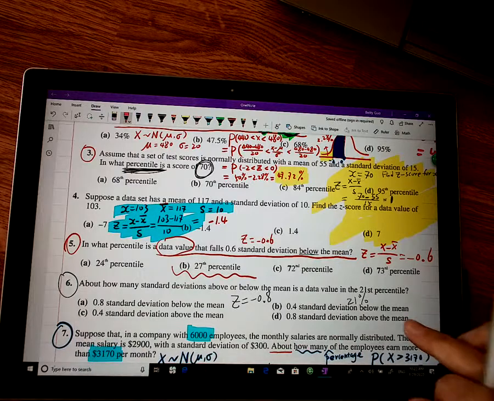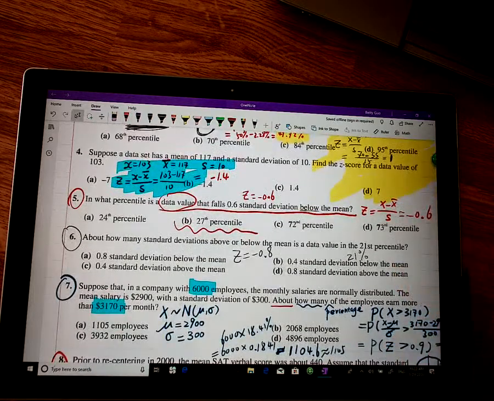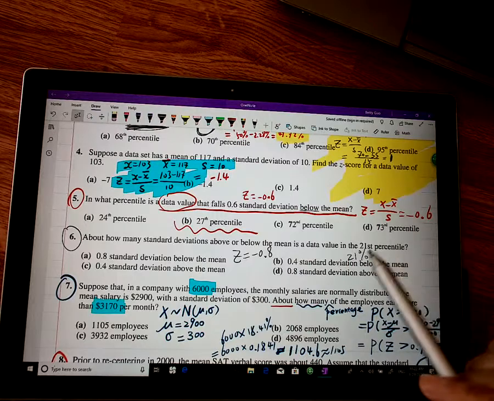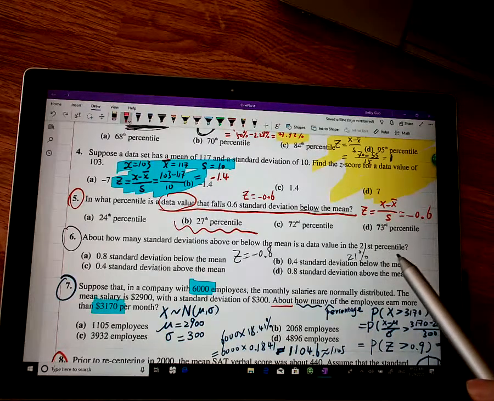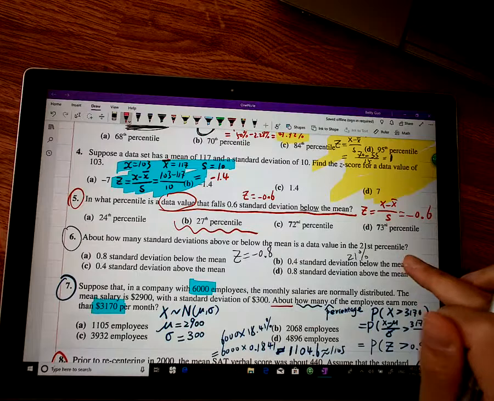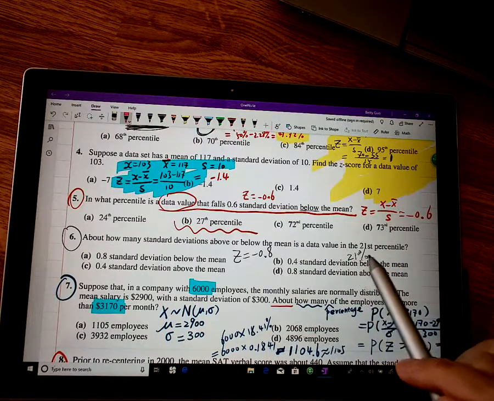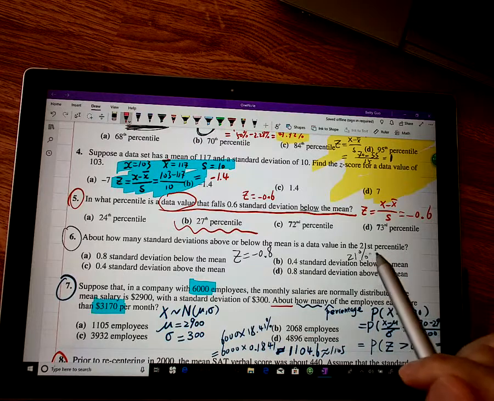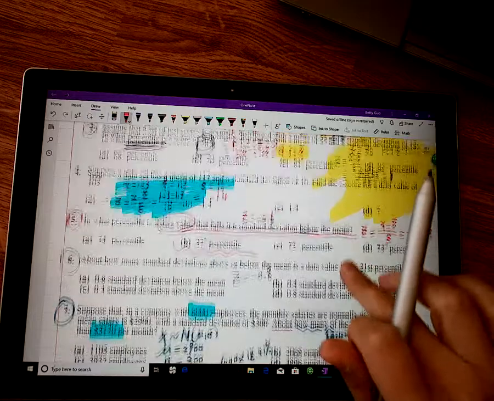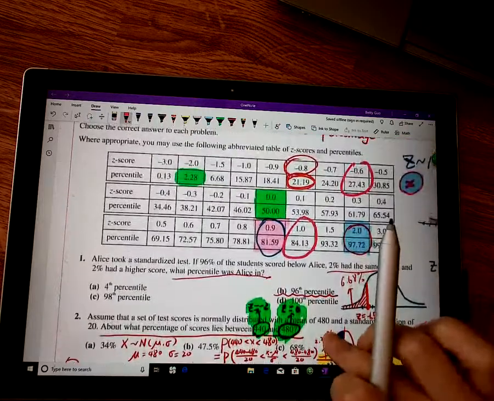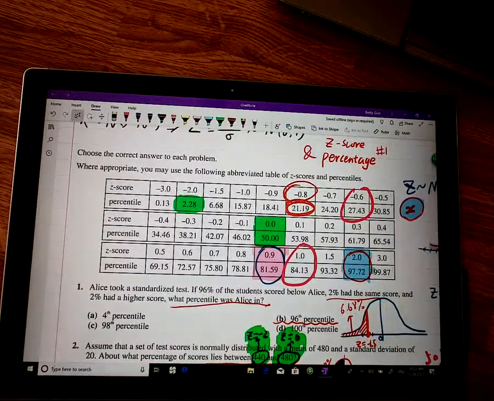Number 6, about how many standard deviations above or below the mean is a data value in the 21st percentile? So let's see. In this problem, the percentile is given. The percentile of the data value is 21%. Go back to the table, 21%.